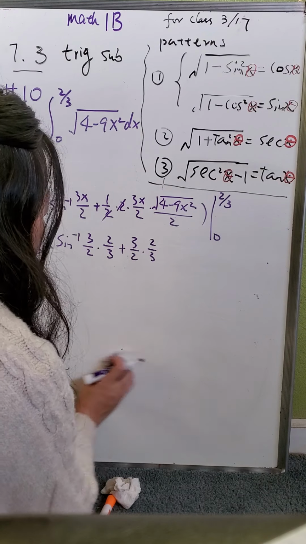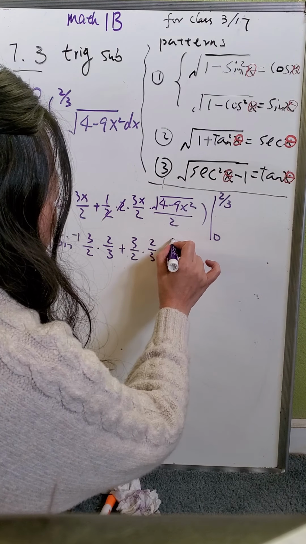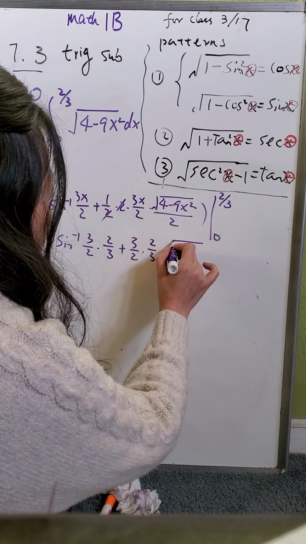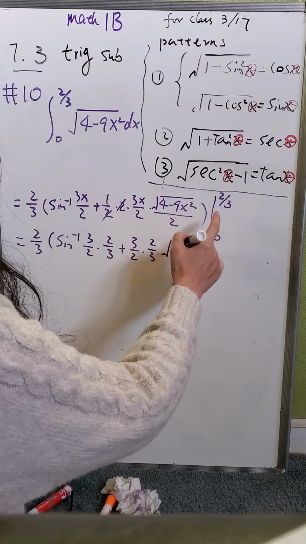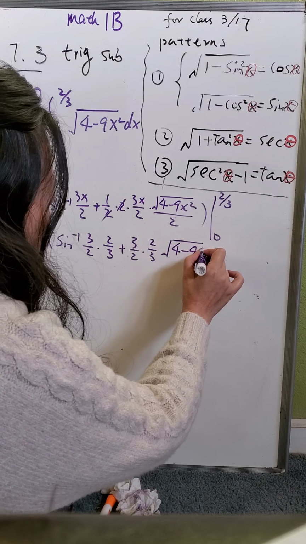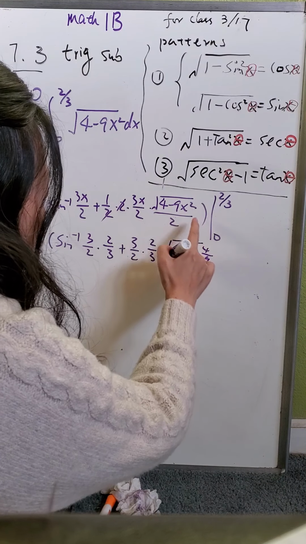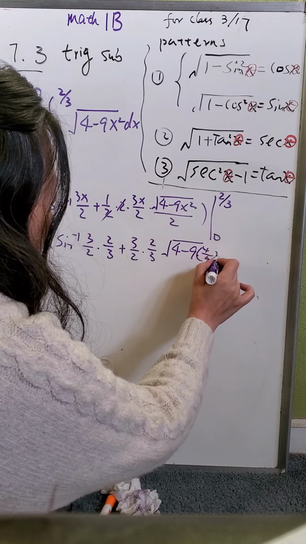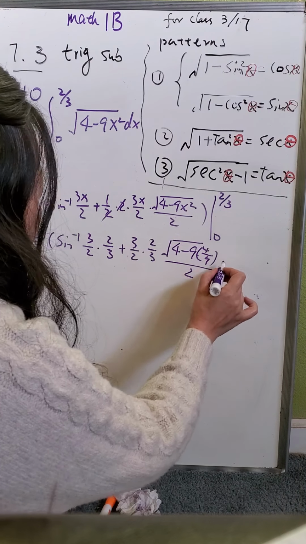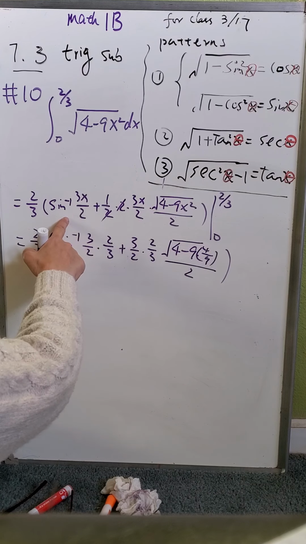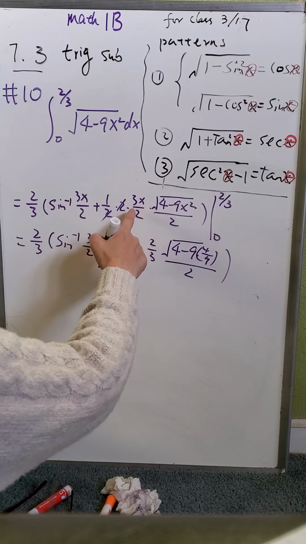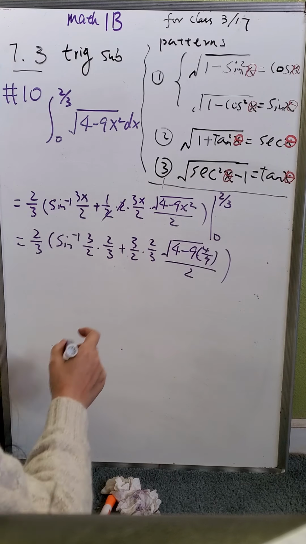And times by 4 minus 9 times by 4 over 9. This is x squared, that's 4 over 9 over 2. And then for the 0, I don't need to worry about it because it's 0, so all 0. So I don't need to substitute the 0 inside.